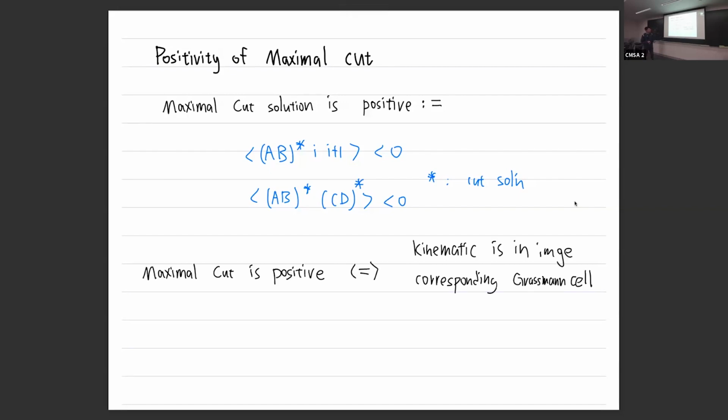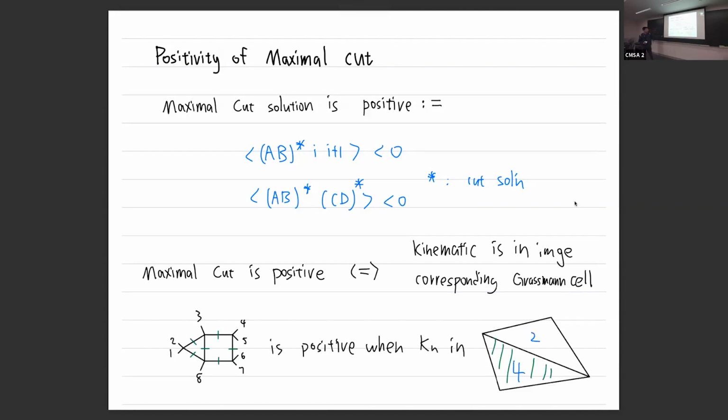And the maximal cut is positive only if our kinematics, like in this case our Li, is in the corresponding Grassmannian cell. So the maximal cut we just considered is related to cell 4. So it is only positive when our kinematics is in this region.